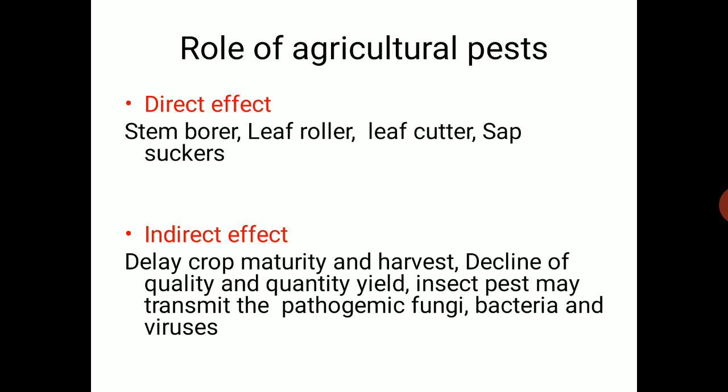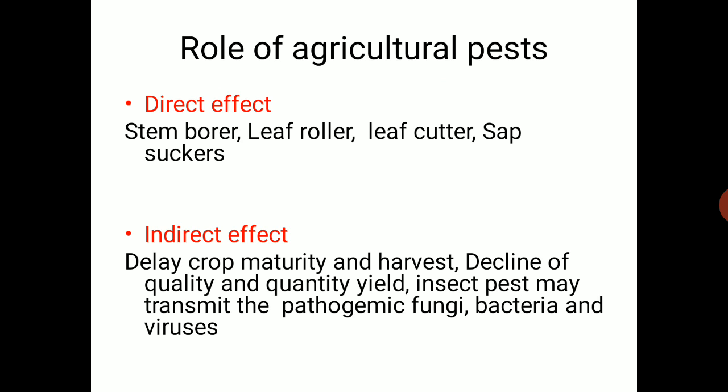For example, in the case of cotton, the whitefly, then aphids. A variety of aphids are present, and they feed on many vegetable plants and suck the cell sap. Another example is coffee, with lygus bugs.